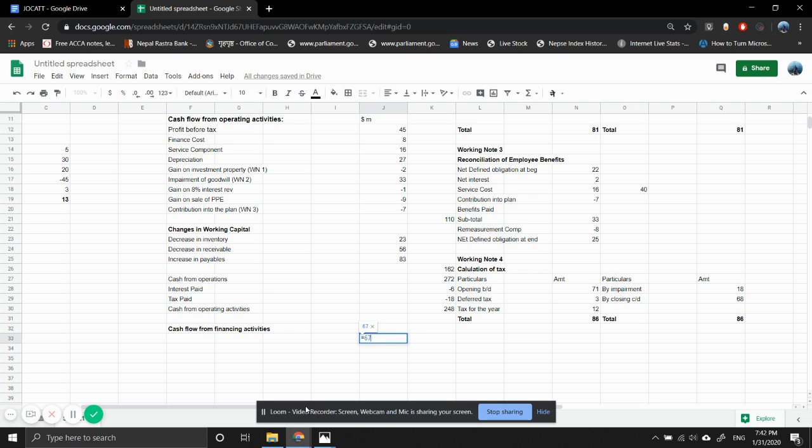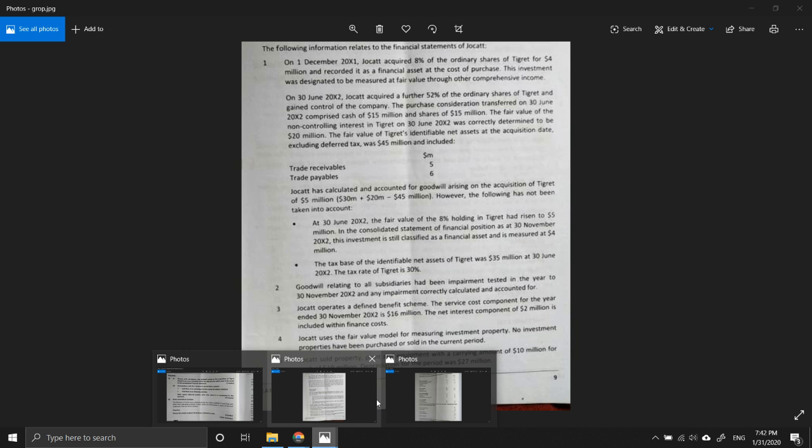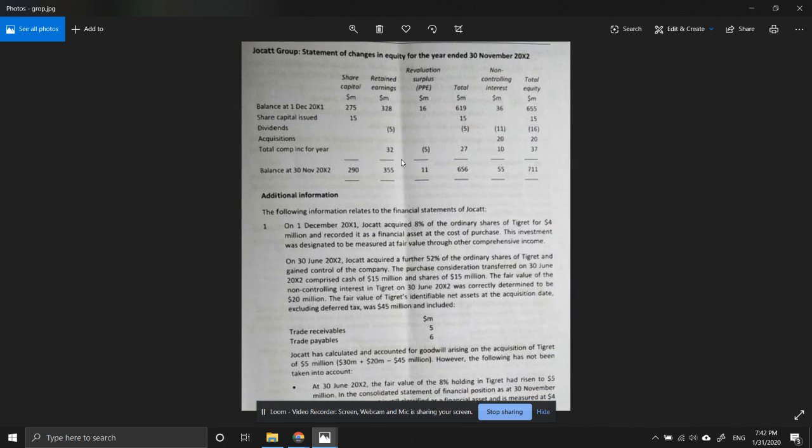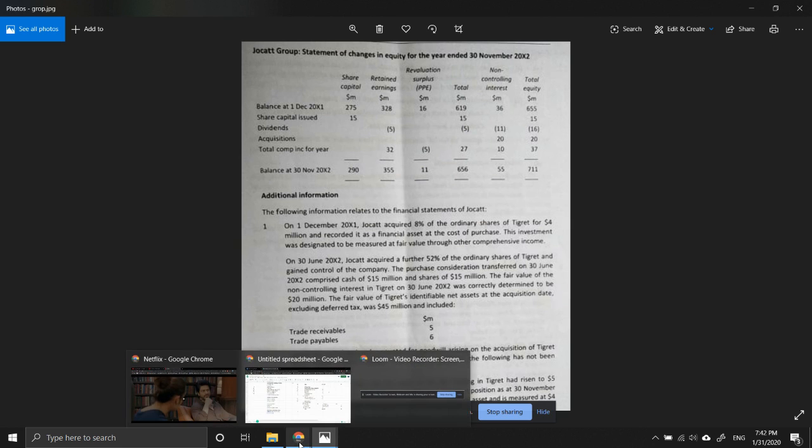So 67 minus 71. Repayment of long-term borrowing. That's out of the way, and then after that, any dividends paid, anything of that sort. 5, right? So 5 for the parent.